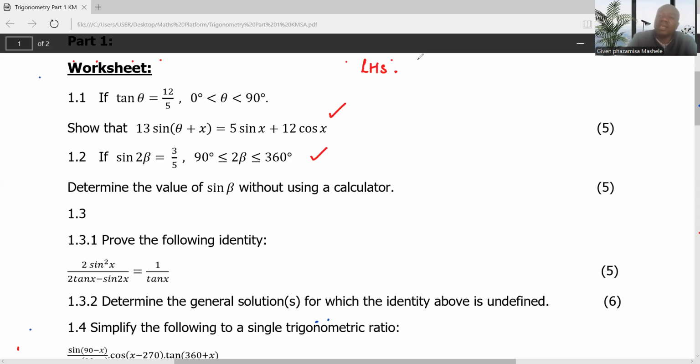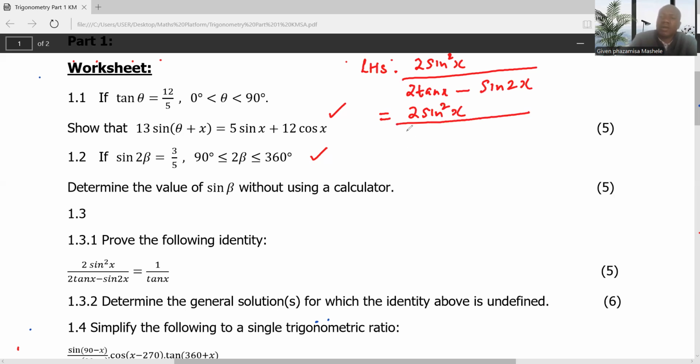So we're going to say 2 sine squared x divided by 2 tan x minus sine 2x. Obviously, the numerator will not change. It will just be 2 sine squared x divided by, in the denominator, 2 into tan x.